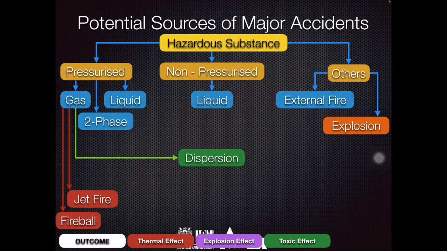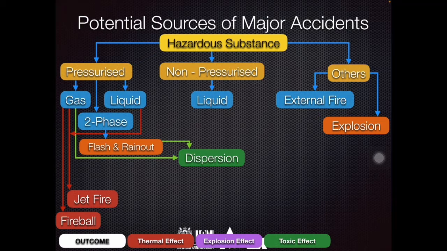Or if the chemical is not flammable and it's toxic, it will disperse into the air. A pressurized liquid hazardous substance can also lead to a jet fire because when there's a leak, the liquid is sprayed into the environment and it causes a jet fire event.